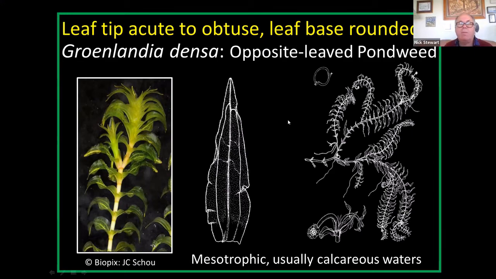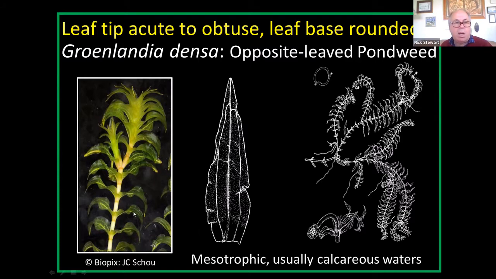So for the purposes of that table, I've put this Groenlandia in both categories, but essentially it has a rounded base to the leaf. And this acute to obtuse tip is a bit ambiguous, and you might find both present. But superficially, it's quite a pointed leaf.